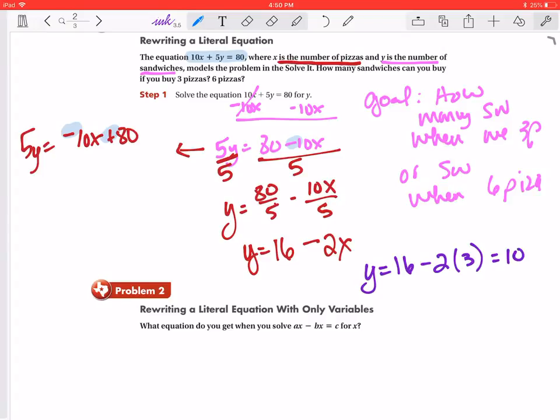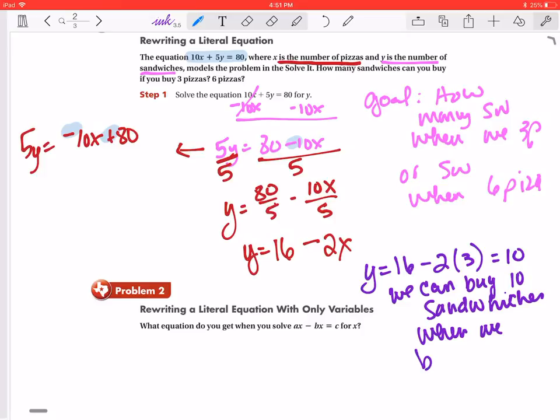So 16 minus 6 will give us 10. So we can buy 10 sandwiches. So we can buy, not B-Y, B-U-Y, 10 sandwiches when we buy 3 pizzas.